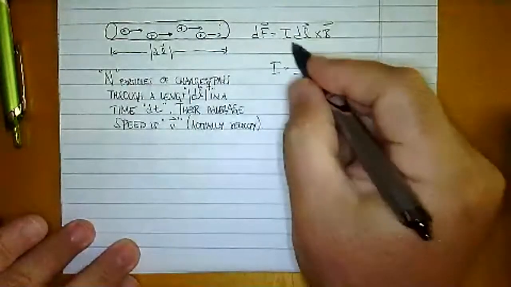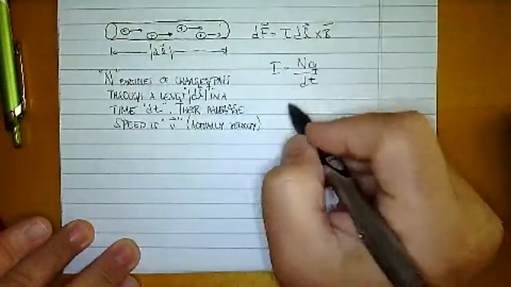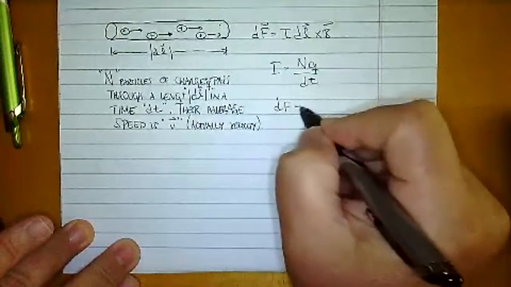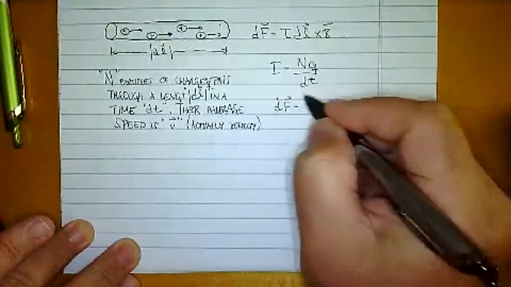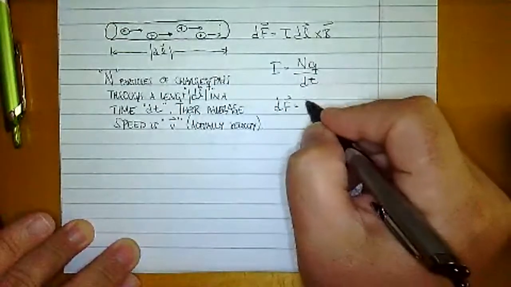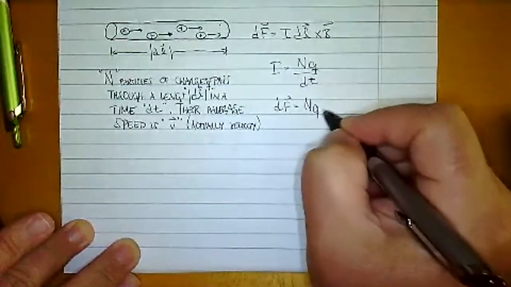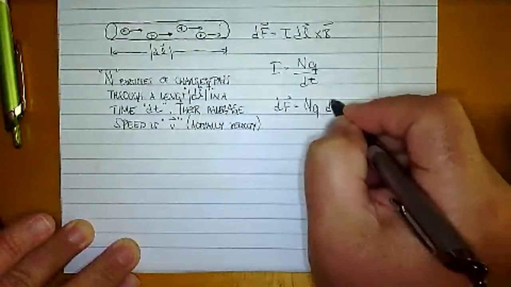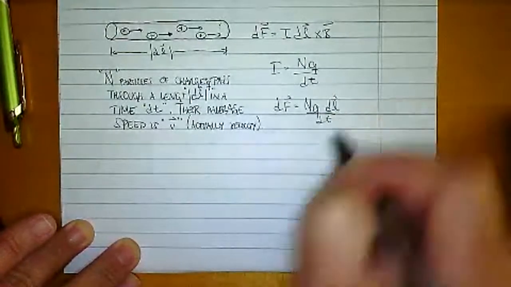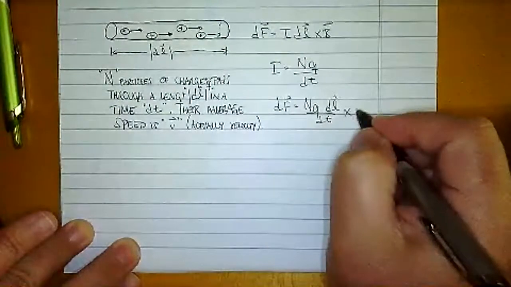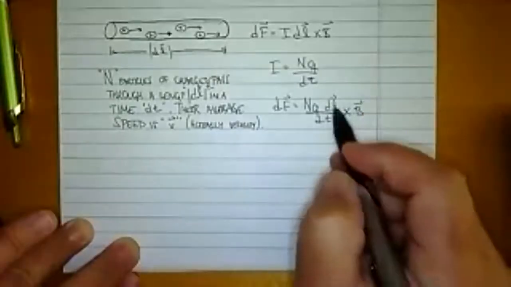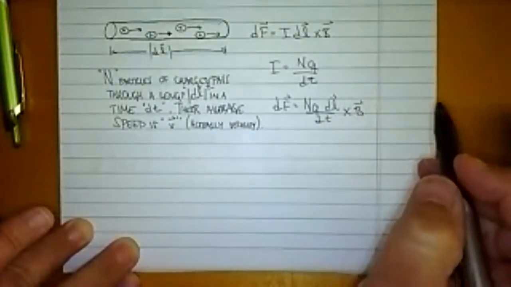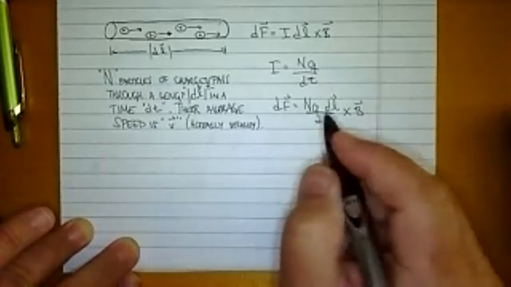So if I plug this back into I dl cross B, I get dF is equal to, keeping the vector quantity, N times q times dl over dt, and of course that'll be crossed with B. If I group the dl over dt over here, I think y'all can see that that would actually be velocity.